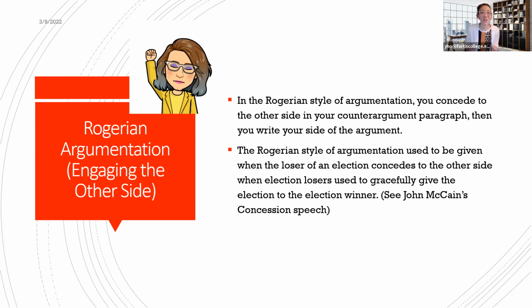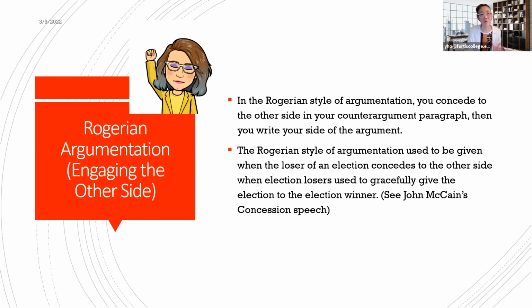Rogerian was also used when someone loses an election and the loser has to give a concession speech. That concession speech is a Rogerian speech because she has to acknowledge that the other person is fit to be president or fit to be senator or whatever, for whatever reason, okay? So that is when you concede the other side, at least partially, is right.